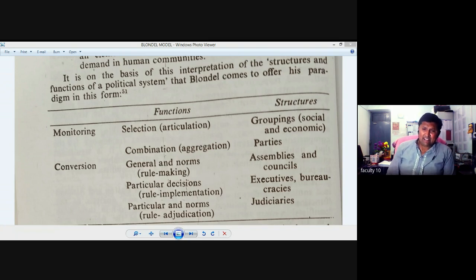So you can see each type of structure fulfills one function and only one function, always the same function, right? Again, in your fourth unit, there is the Blondel classification of political system. I will deal with it in detail there, right? So now I'm stopping this here.